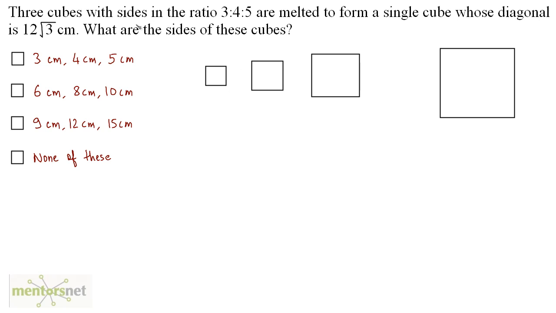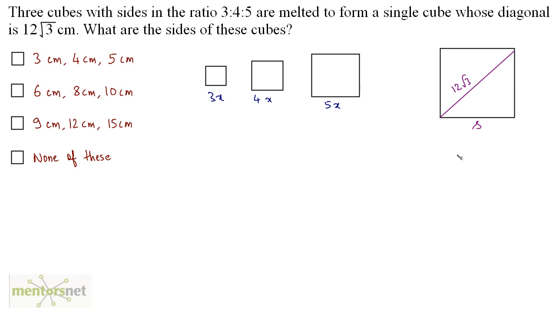Now the ratio of the sides of these 3 smaller cubes is given, that's 3:4:5, so I can say that the sides of these 3 cubes are 3x, 4x and 5x, where x is a constant. Now we have been given the diagonal of this bigger cube, and that's 12√3 centimeter. Let us say that the side of this bigger cube is s.